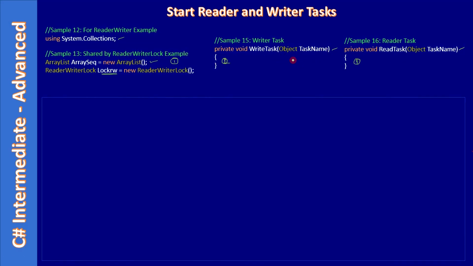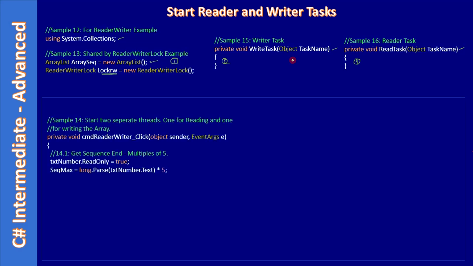Now we will go ahead and create the threads. So here is the click event handler, and txtNumber we are changing it as read only. Then here we are reading the content in the text box and multiplying that with 10.